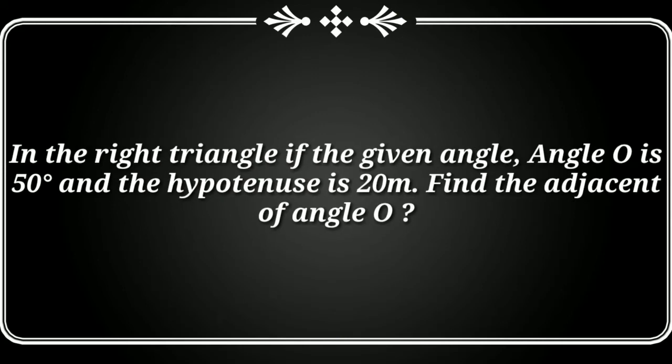18.9. For example number 2, in the right triangle, the given angle O is equal to 50 degrees and the hypotenuse is equal to 20 meters. Find the adjacent of the angle O. So now, we are going to find the adjacent of angle O. And we are going to use CAH because the angle is given and also the hypotenuse.